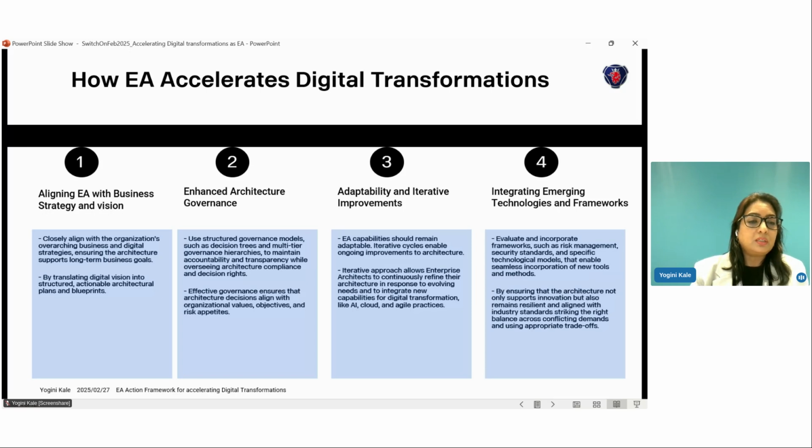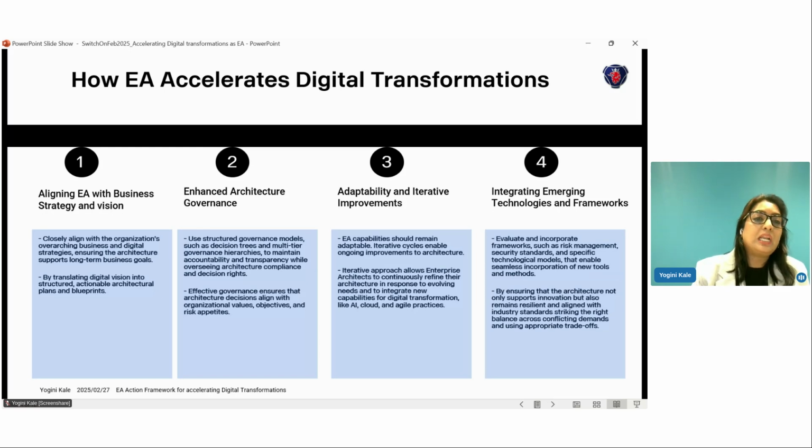The very first one, which is the very foundation of the success for digital transformations, is making sure that we have aligned business objectives, and we have a clear architecture vision that aligns with your business strategy, so that the blueprints and the roadmaps that you design are essentially translating into a digital vision that will contribute to a specific objective towards the end of the transformation.